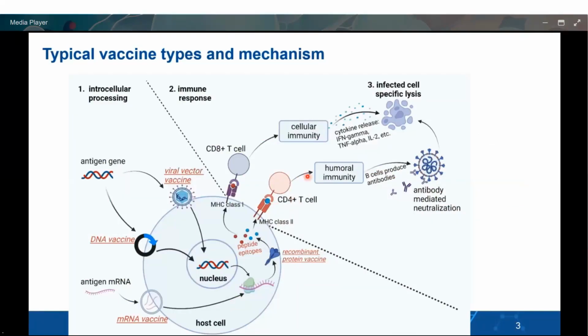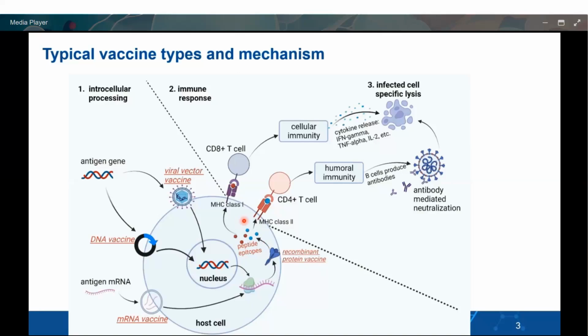Let's look at the mechanism. Generally speaking, there are three steps. First, we introduce a kind of vaccine into the cell, and after intracellular processing, what we need is the peptide.